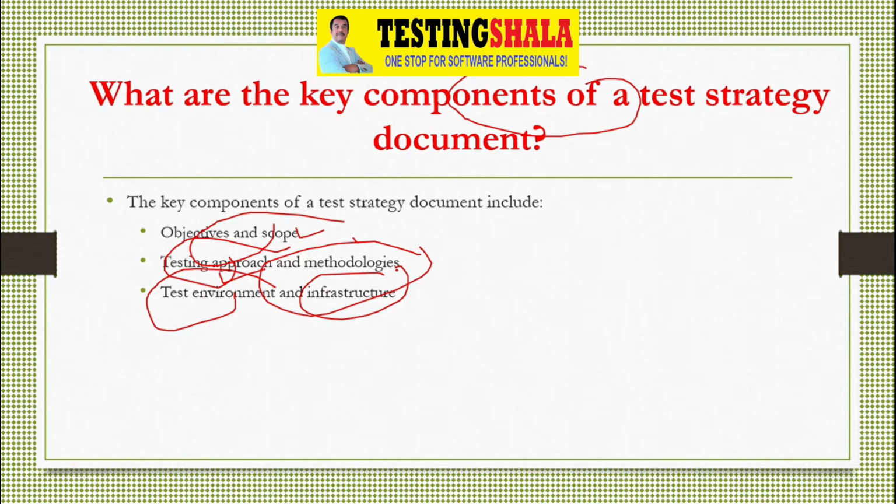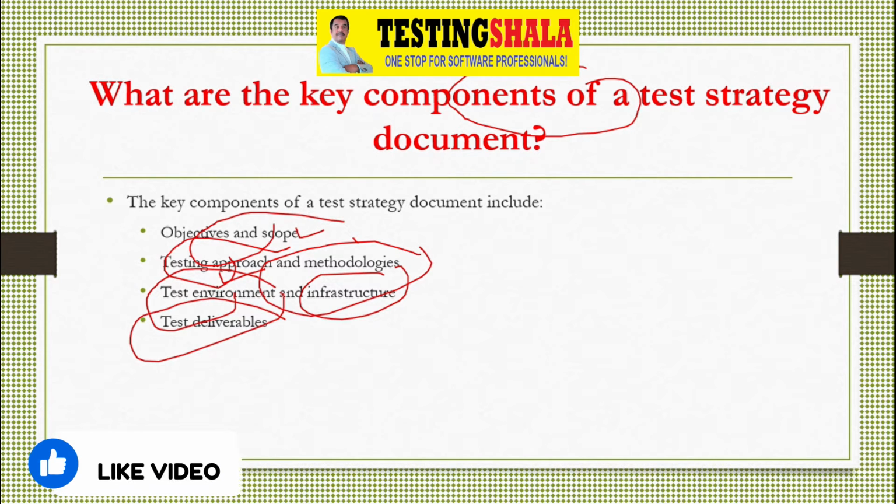And test deliverables, the various deliverables we expect out of this testing project. Test deliverables could be your test plan, test cases, test scenarios, or even automation artifacts and so on, or your test summary report or test closure reports.